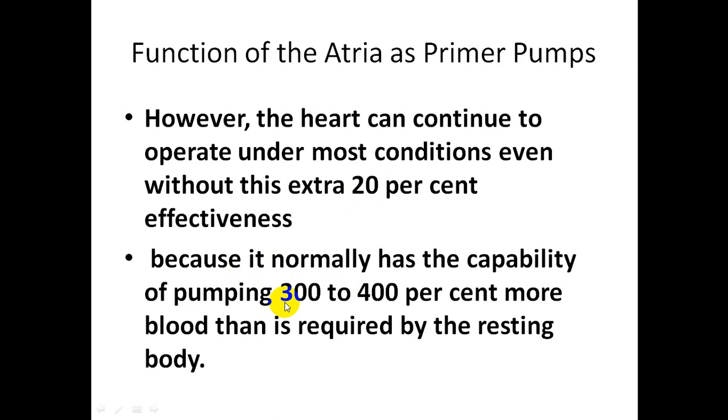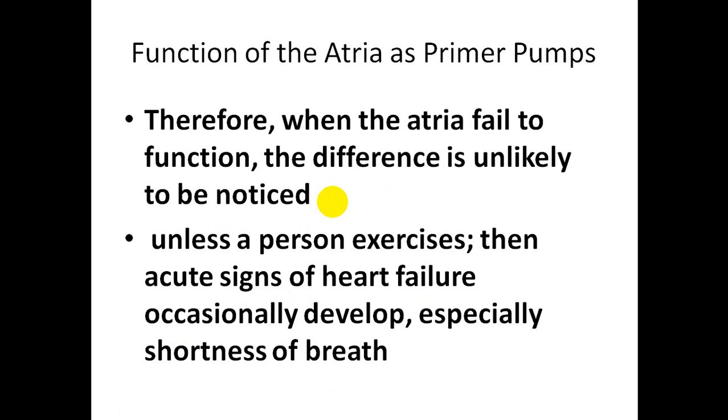That means 300 to 400% more blood than required by the resting body during exercise. This is a huge volume of blood, not too much affected by this 20%, what is called atrial contraction or atrial kick. This is in a normal healthy individual.